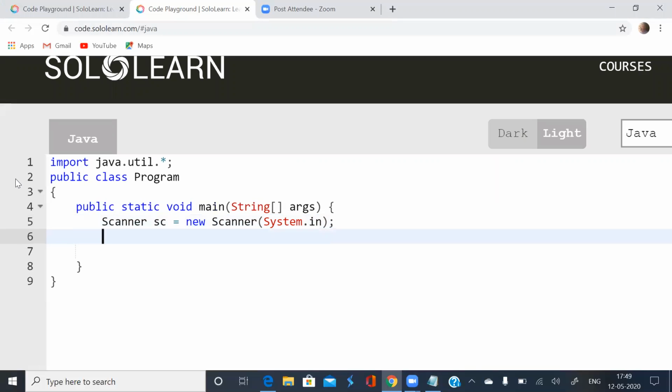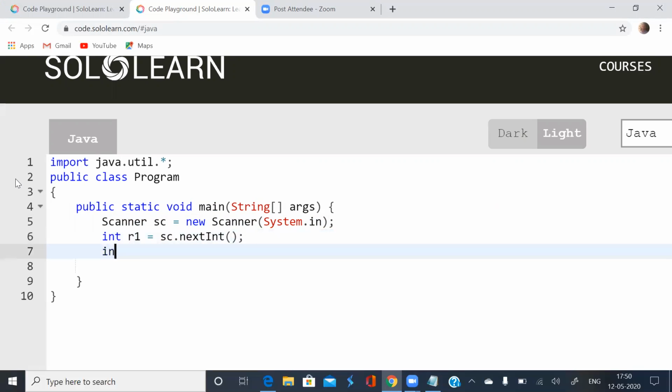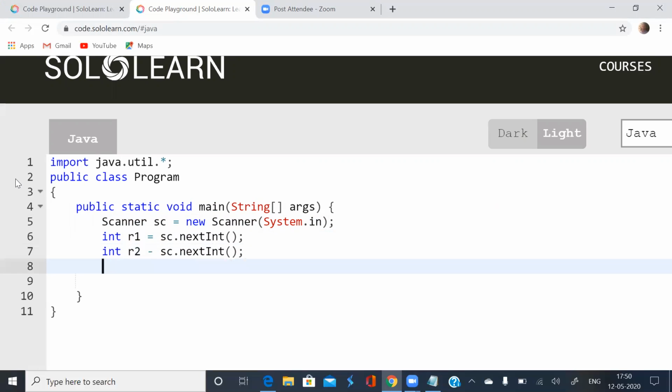Next, int r1 is equal to sc.nextInt(). So read r1. Let us read r2, nextInt. Okay. So r1, r2 are read.